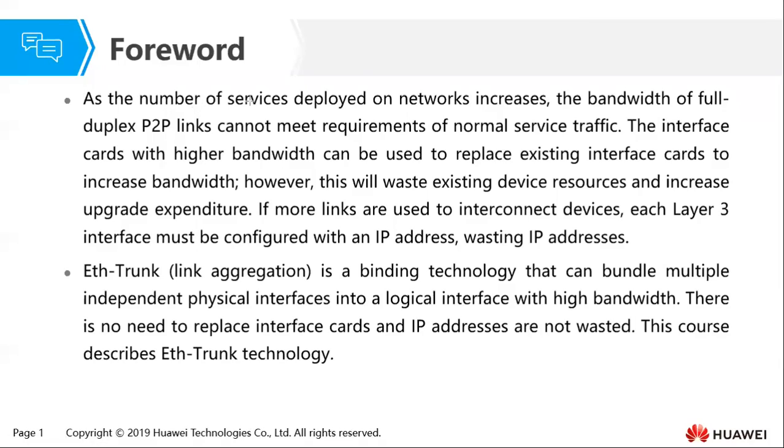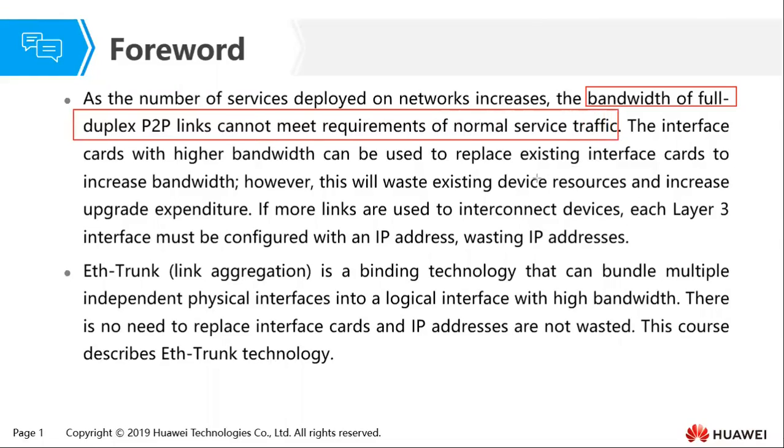So as the number of services deployed on networks increases, the bandwidth of full duplex point-to-point links cannot meet the requirements of normal service traffic. Interface cards with higher bandwidth can be used to replace existing interface cards to increase bandwidth.